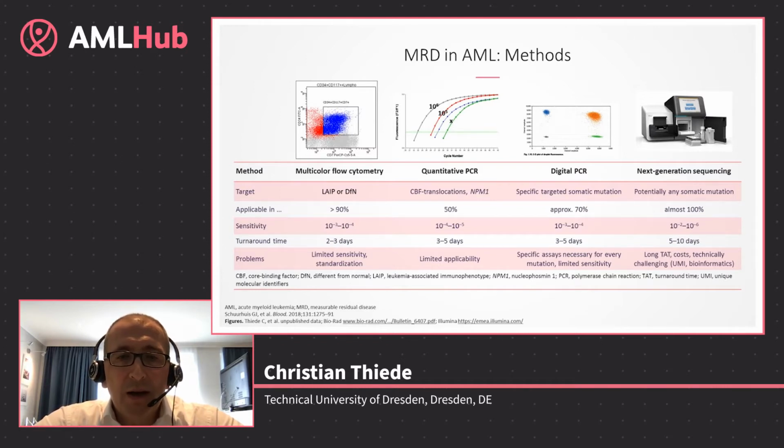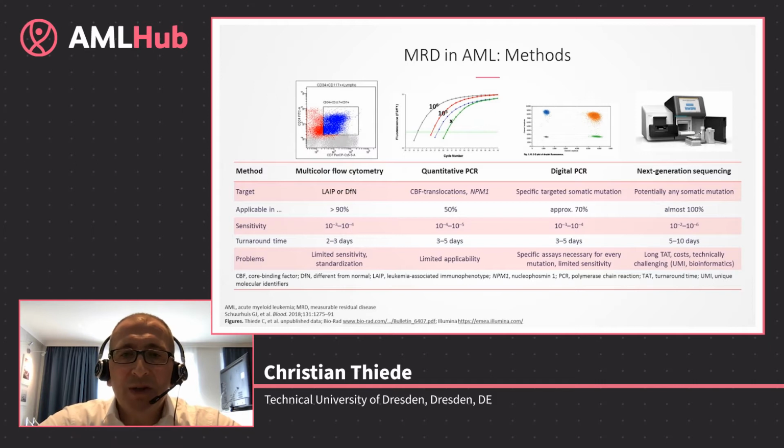but the limited applicability, of course, brought about the idea that we probably need newer methods, and I will focus mostly on next generation sequencing as an attractive method which might be useful in the future to overcome several of these limitations, because it is probably applicable in almost 100% of patients if you not only think about panel sequencing, but in the future about whole genome sequencing.